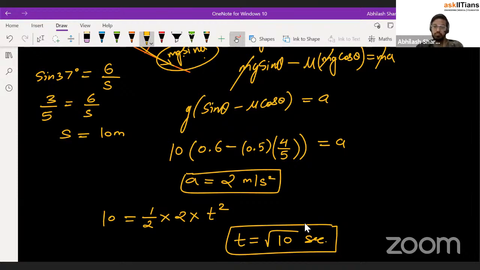Root 10 seconds. So all of you clear with this?